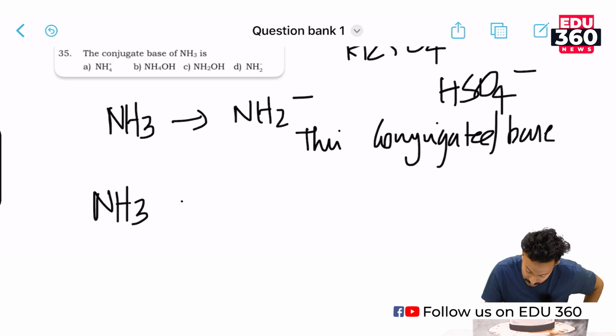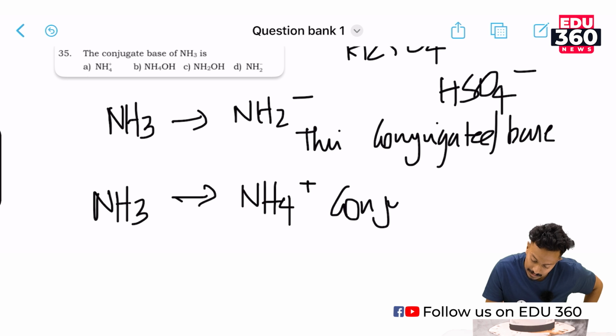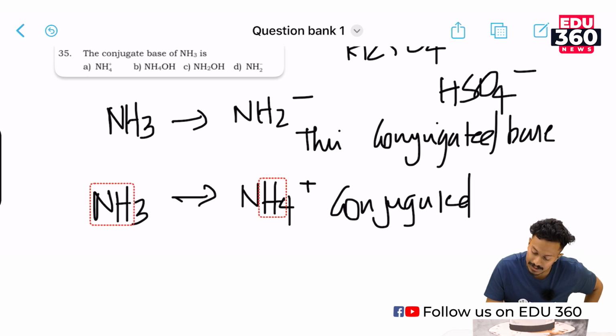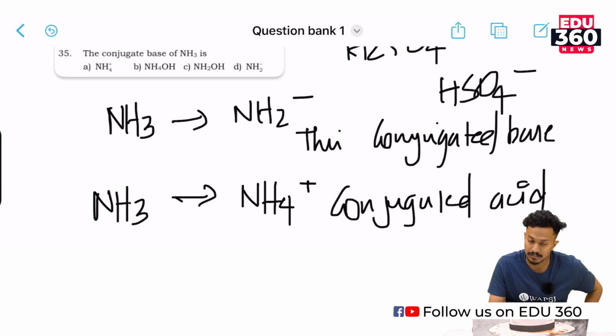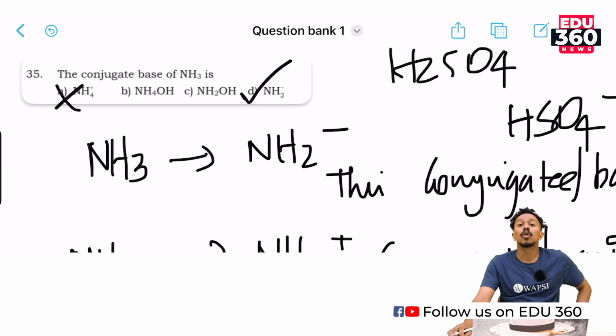Upon adding a proton, it will give NH4+, which is the conjugate acid, right? So the correct option would be NH2-. NH4+ is the conjugate acid of ammonia.